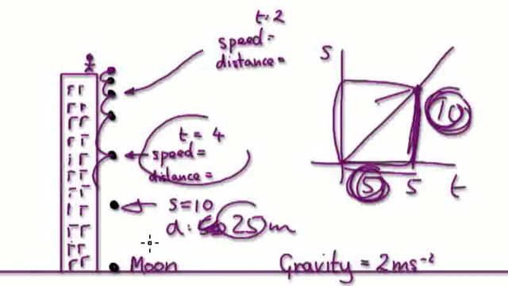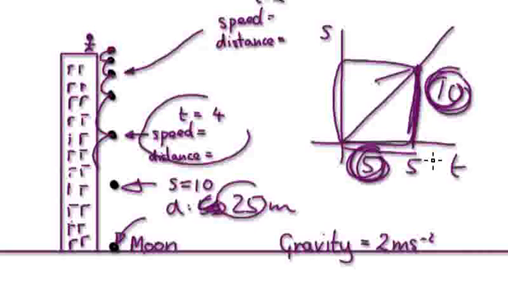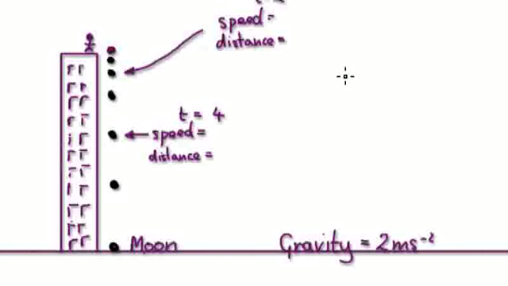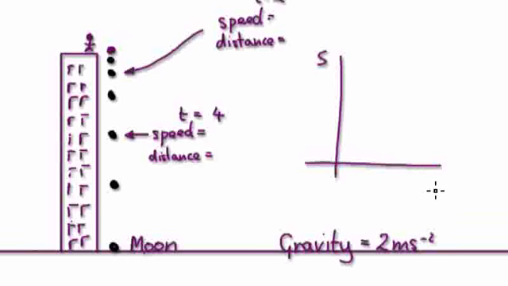Now at time equals 6, that's when the ball hits the ground, the cannonball. So your speed will be 12. Okay, speed will be 12. T will be 6. The distance traveled, well, hang on. So time is 6.